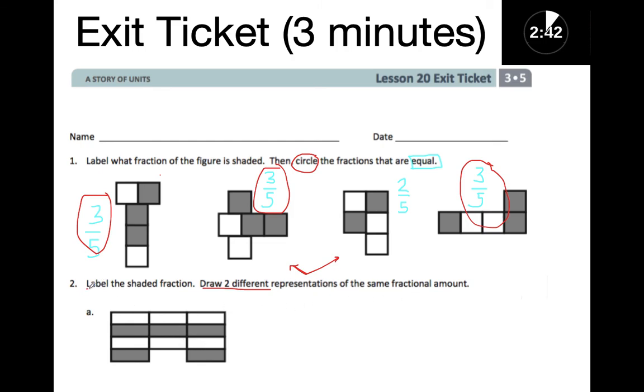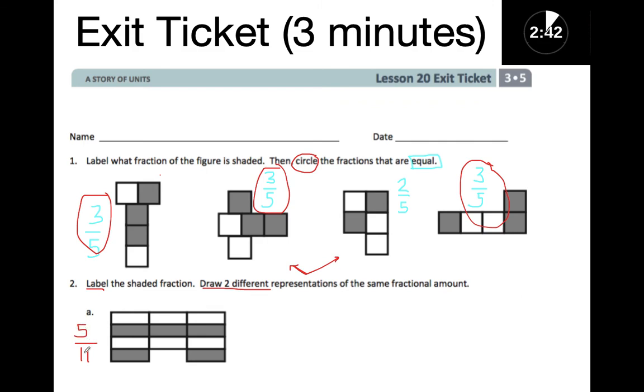So the first thing you need to do is to label the shaded fraction. So let's figure out how many there are total and then how many are shaded. So we have 1, 2, 3, 4, 5, 6, 7, 8, 9, 10, 11. So we know we're talking about 11s. And we need to figure out how many are shaded. There are 1, 2, 3, 4, 5.